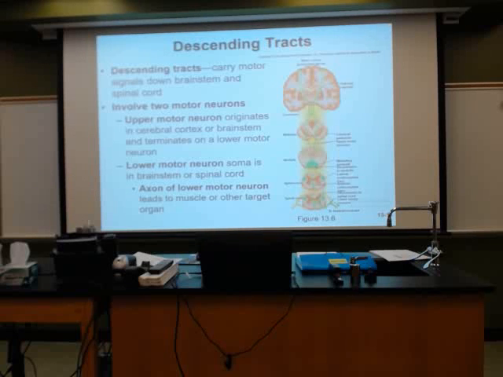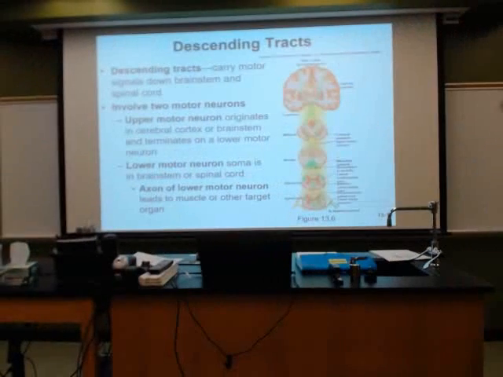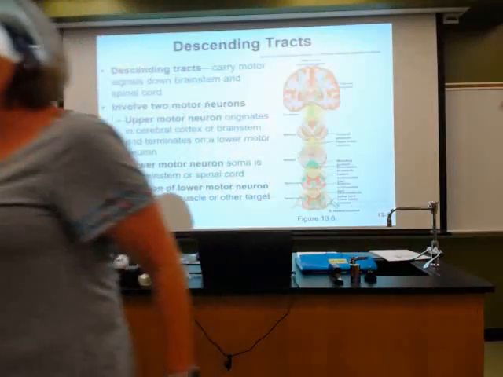So, when we say that this upper motor neuron originates in the cerebral cortex, we haven't gotten to this. This is pretty much what everybody thinks about when they say brain, right? Don't forget we got that part too.